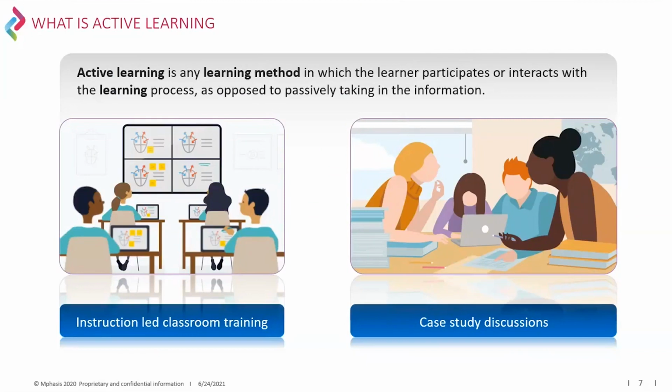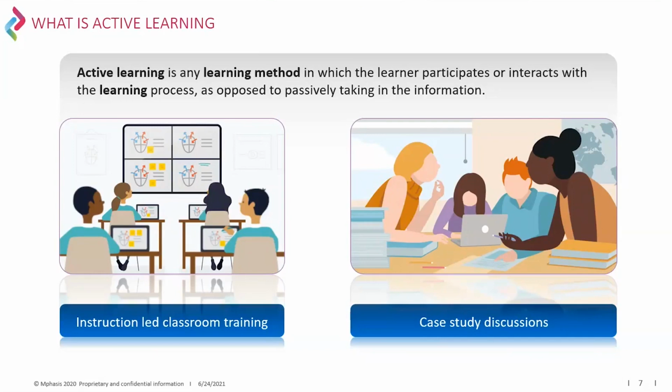So case study discussions, peer-to-peer discussions, even group studies are examples of active learning. And as many of you would agree, active learning methods are more effective because you retain the knowledge much faster because there's an interaction involved.